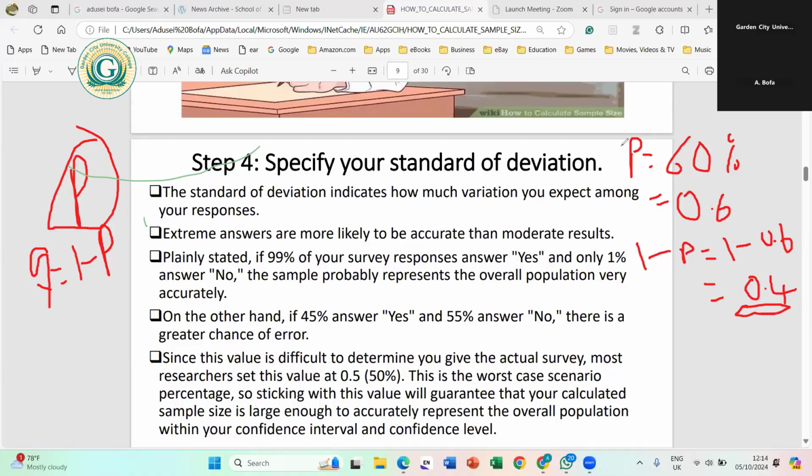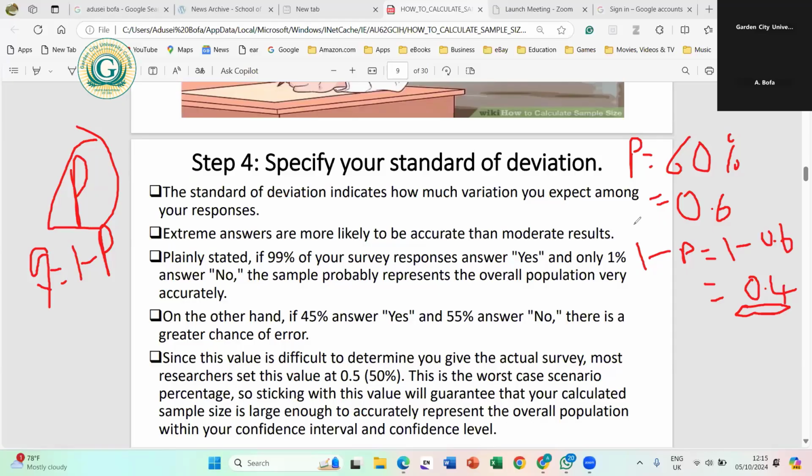So our P is 0.6, and 1 minus P is 0.4. That is what we mean by the standard of deviation: those who are experiencing that phenomenon and those who are not experiencing it.